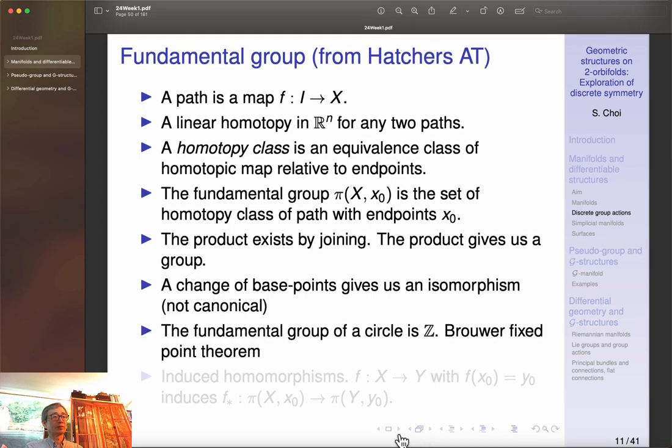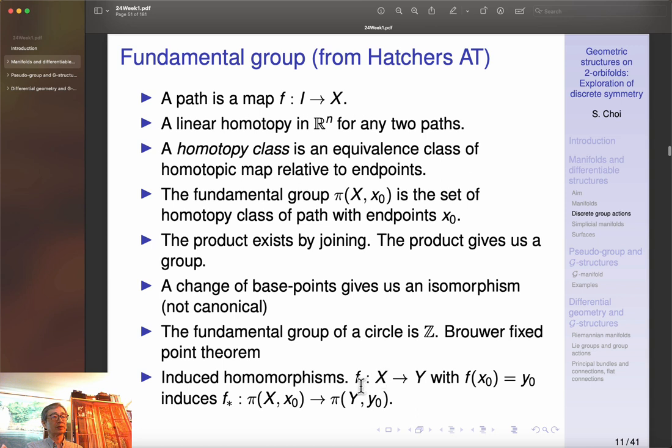The fundamental group of the circle is Z, or infinite cyclic. Then the Brouwer fixed point theorem follows from this fact. And of course, if you have any map F from X to Y sending x0 to y0, then there is an induced homomorphism from fundamental group to fundamental group. This is a very useful fact, more powerful than you might think.